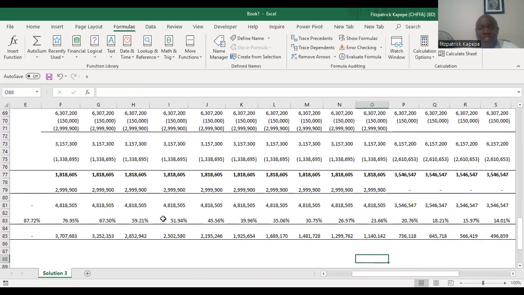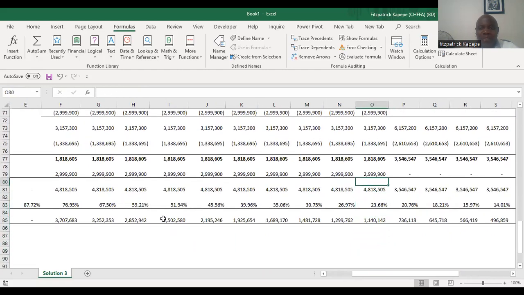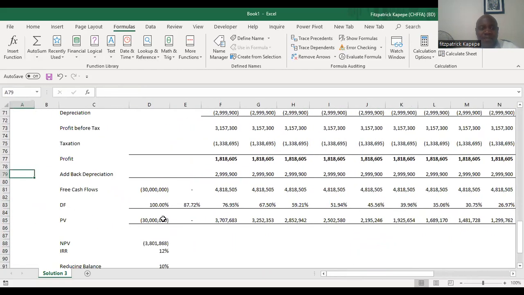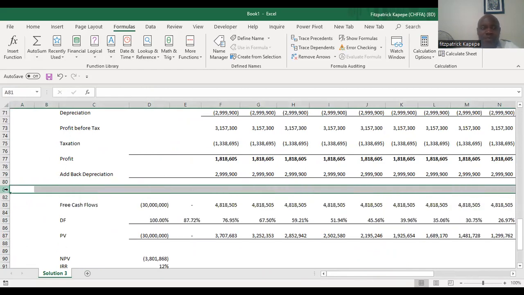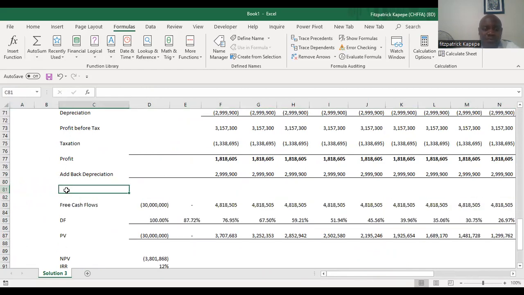So once you get whatever numbers you get, do not forget, before you get your cash flows, that in the 10th year you're going to have a cash inflow, which will be your residual value here.